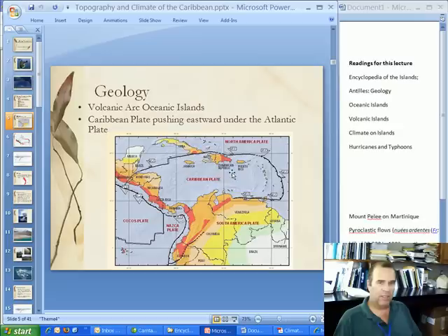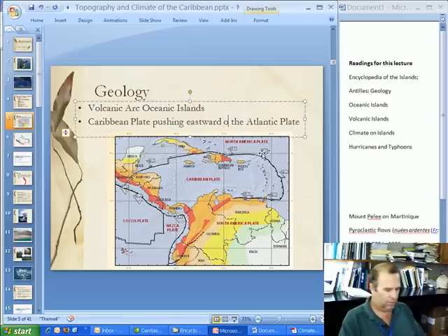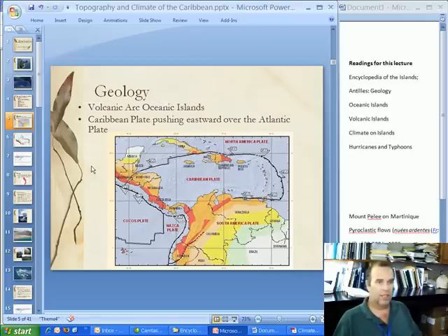The Caribbean plate is actually moving to the east at about 2 centimeters a year, and it is pushing eastward, and the Atlantic plate is pushing underneath that Caribbean plate as it pushes eastward. So what I've got here, Caribbean plate pushing eastward under the Atlantic plate, that's actually wrong. It should be pushing eastward over the Atlantic plate.